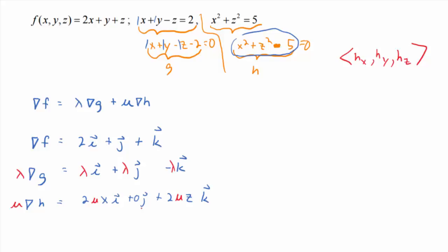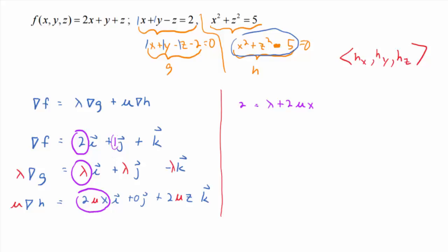Everybody with me? Okay, let's set up our system of equations. So for the i components, what do I know? I know 2 is equal to lambda plus 2 mu x. Does everybody buy that? Okay, and then the next one, 1 is going to equal lambda plus, that's it.